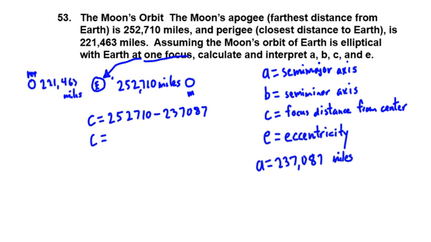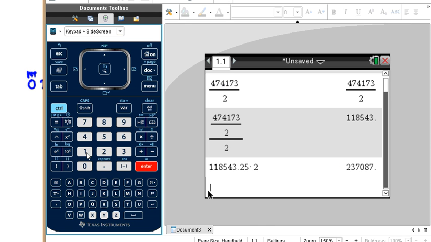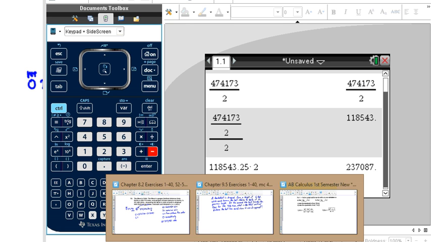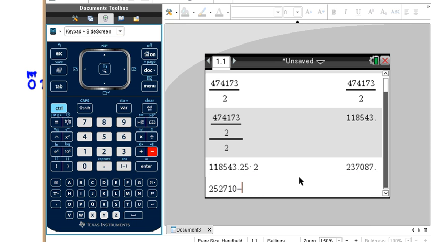So let's go back to our calculator, and we put in 252,710 minus 237,087.